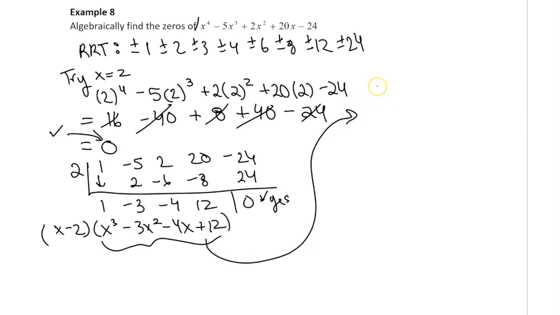So right here, if we're looking for another number that could potentially work, let's try 2 again, and let's see what happens.